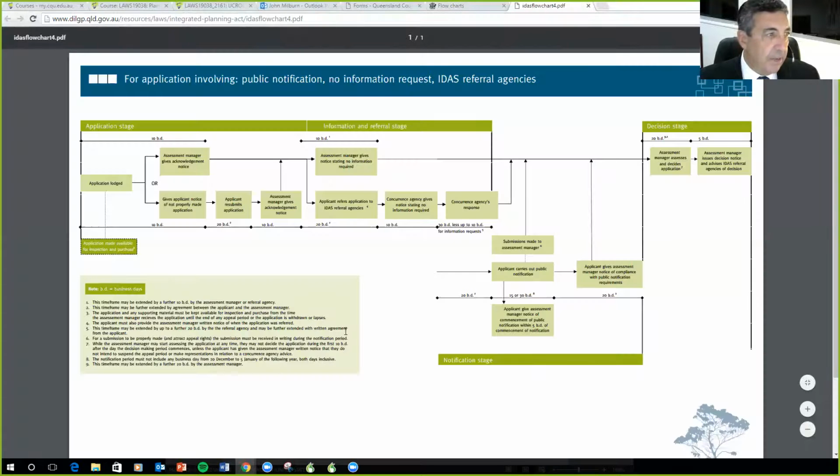And you'll see that the flowchart provides relevant information with respect to the steps, the application stage, the information referral stage, the notification stage, and the decision stage. And the thing I like about this flowchart is that these terms, these steps really come to life now.